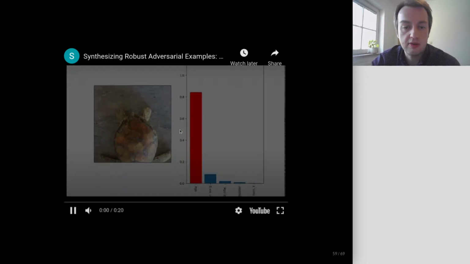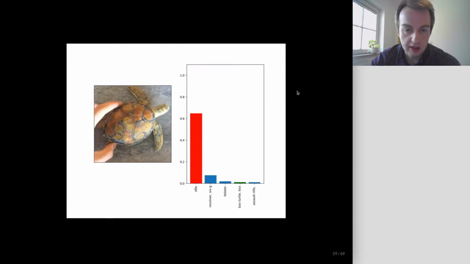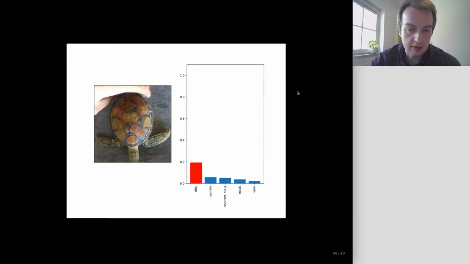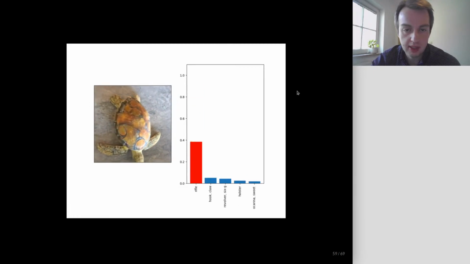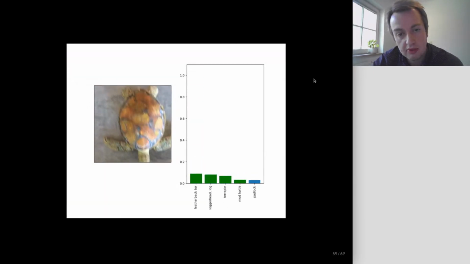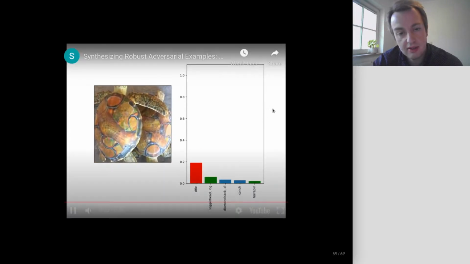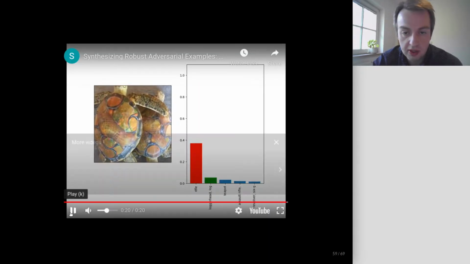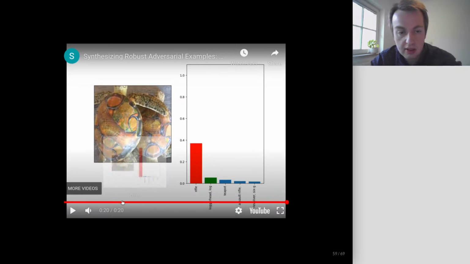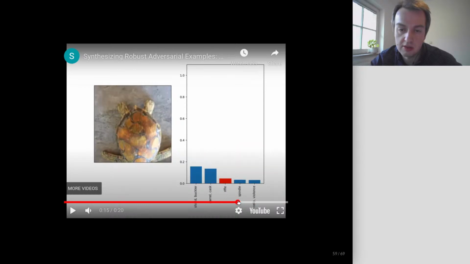The same for this one, where what they do is print some texture that they apply on, in this case, a 3D object like a turtle. They've designed the texture of the shell of the turtle such that a neural network would predict that it's a rifle, and of course this is a plain wrong prediction.